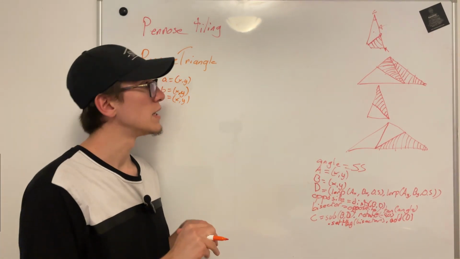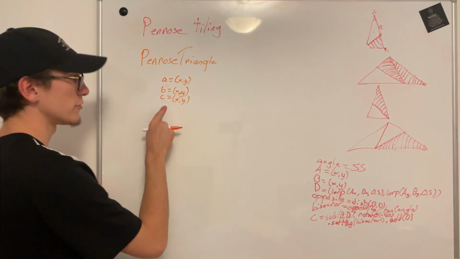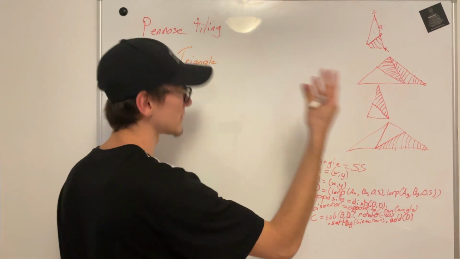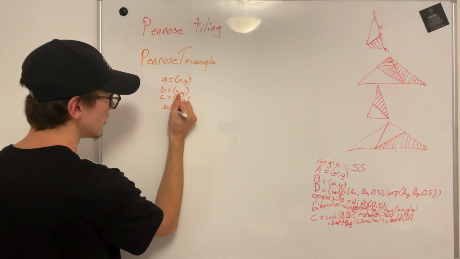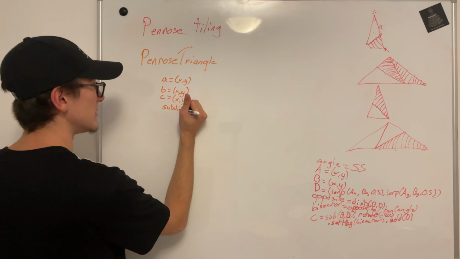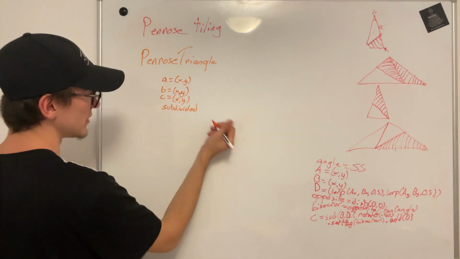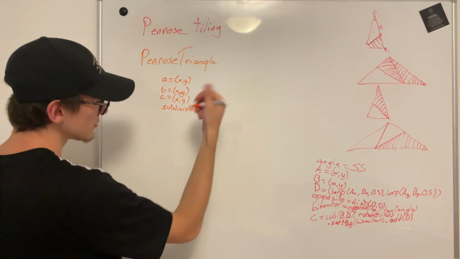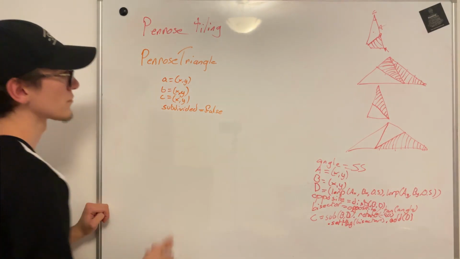It's a triangle. It'll also have, right, so it should know whenever it gets subdivided. Is it subdivided or not? So we can have a subdivided value, just a boolean, I guess, set to false by default.